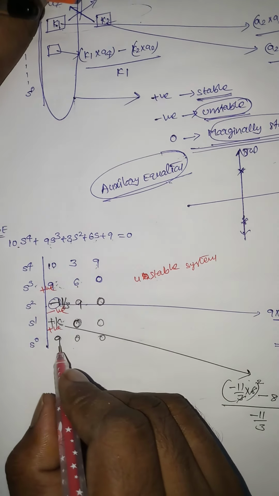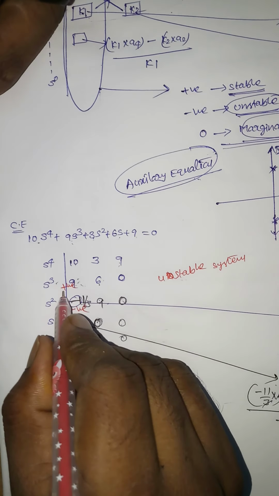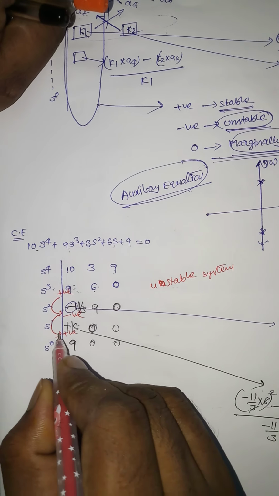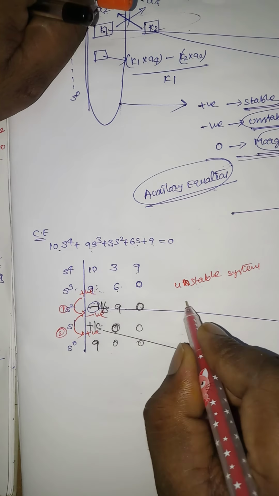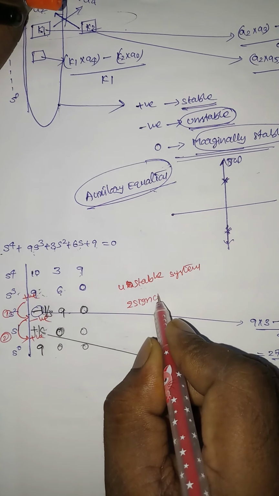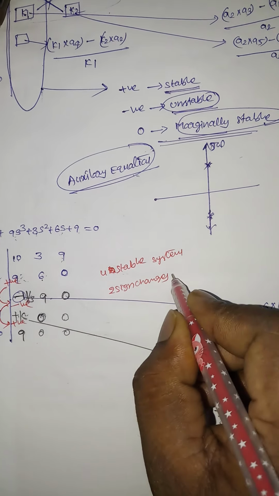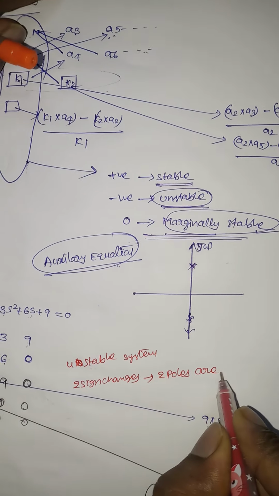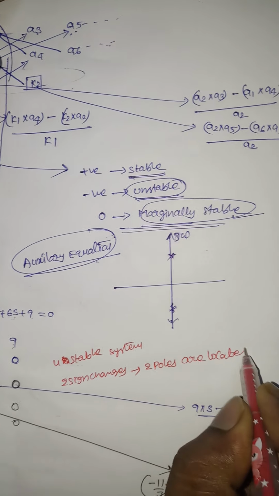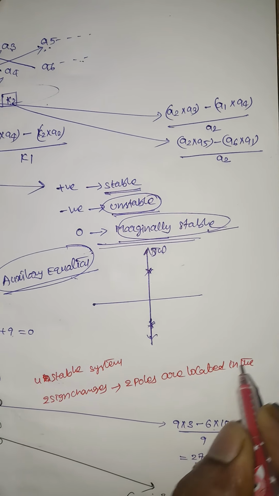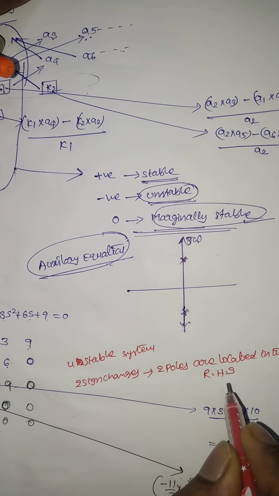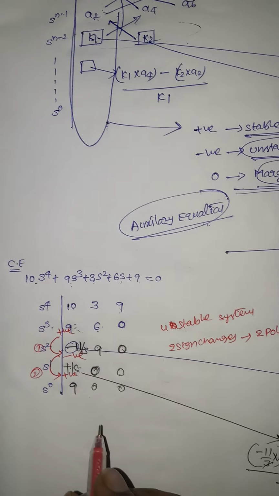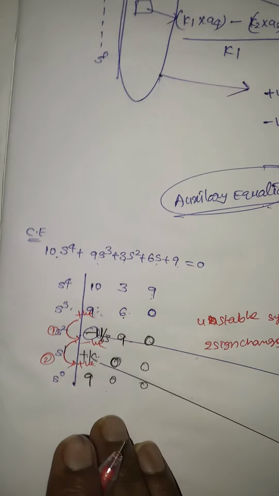Also, the number of sign changes: positive to negative is one sign change, negative to positive is another. So 2 sign changes are present here, so 2 poles are located in the right half of the S plane. This is the information that we got from this Routh-Hurwitz criterion.